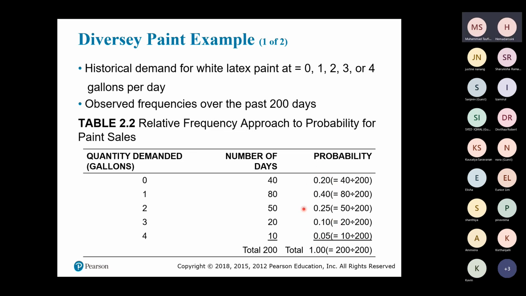That is how you check whether your probability calculation is correct or not. When you calculate the probability, the total of your probability values must be equal to 1. It cannot be less than 1 and it cannot be more than 1.